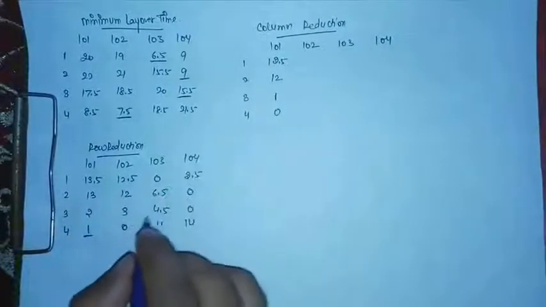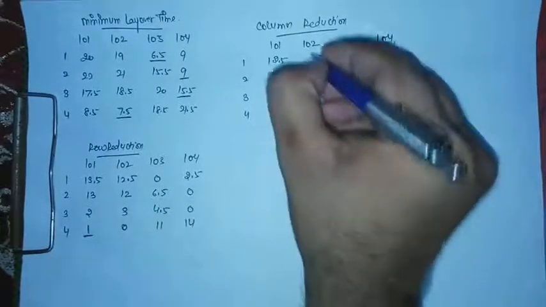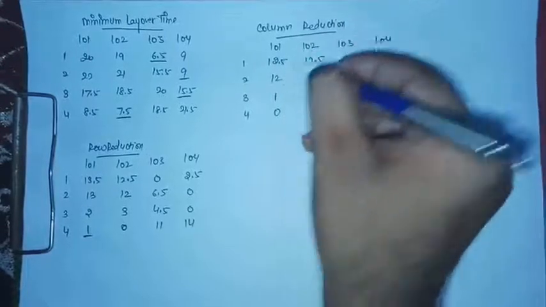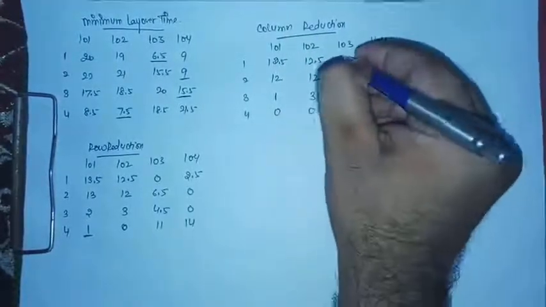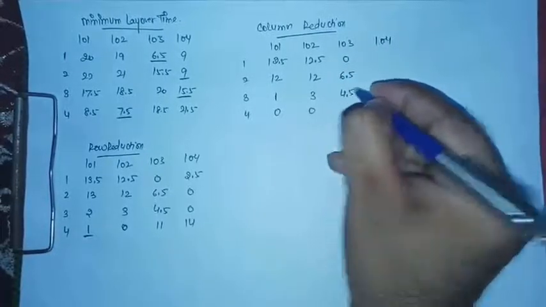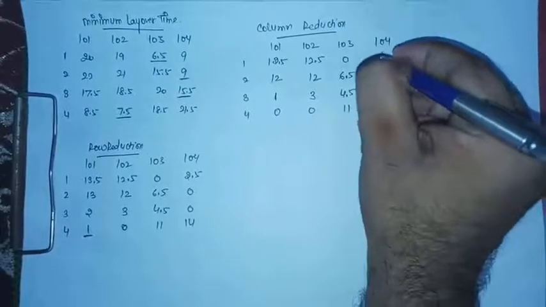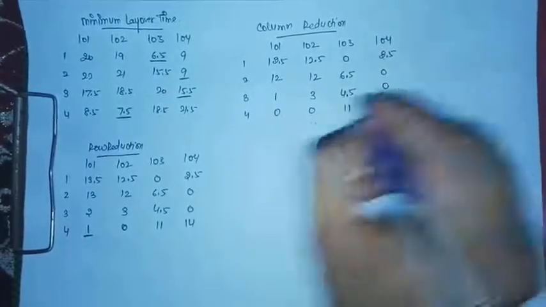The values in other columns will remain the same, as we have zeros as the smallest element. So 12.5, 12, 3, 0, 0, 6.5, 4.5, 11, 2.5, 0, 0, 14. Done.